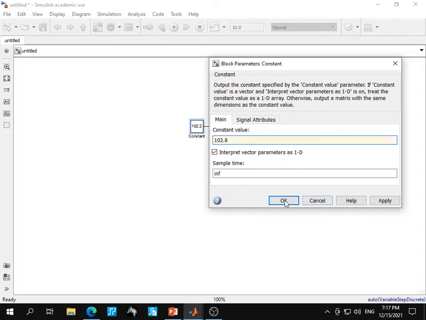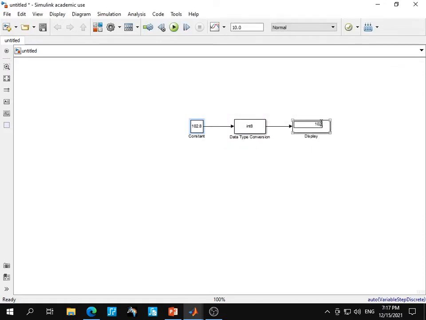Like 0.8, it won't become 1. It won't give you plus 1 even if it's higher than 0.5. It just cancels out anything that's behind.